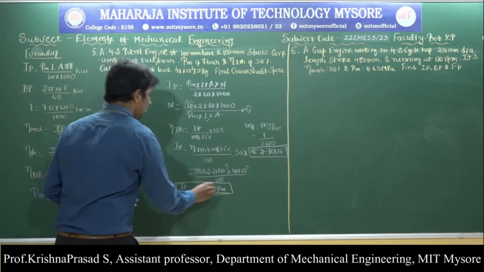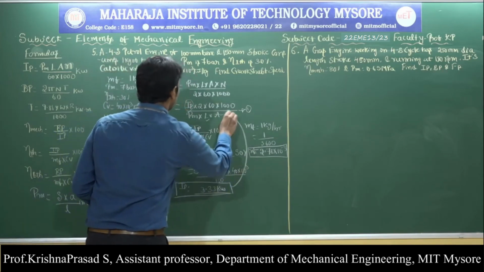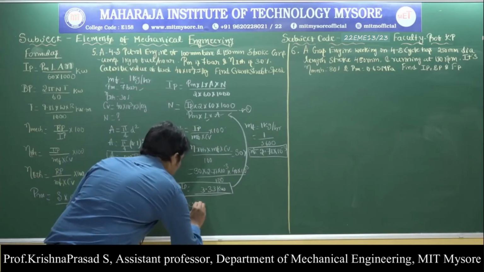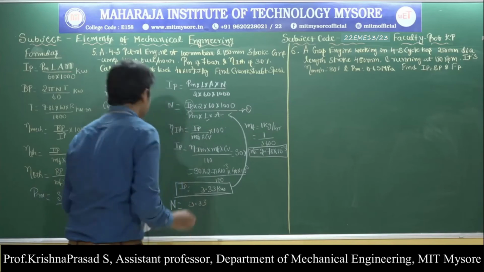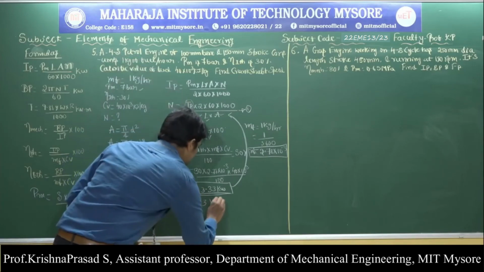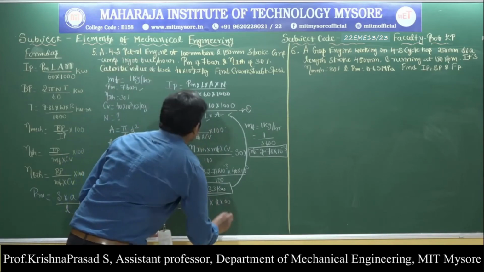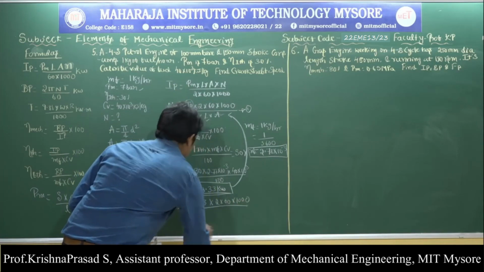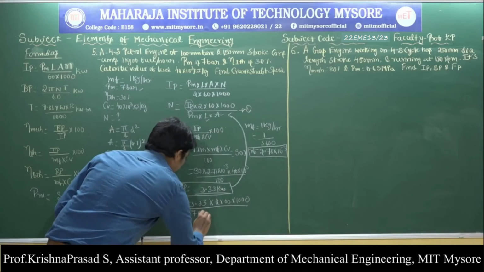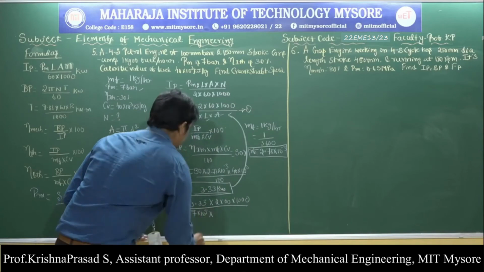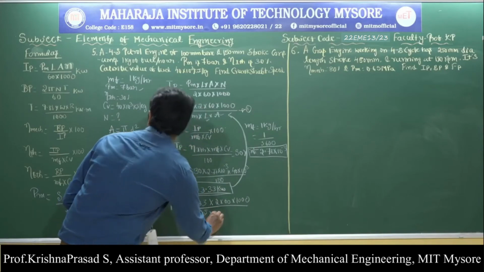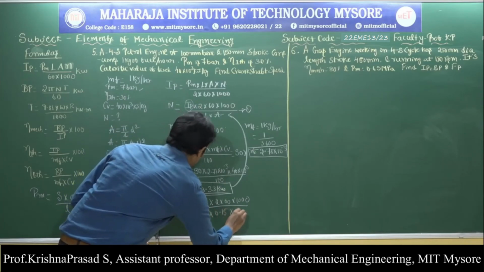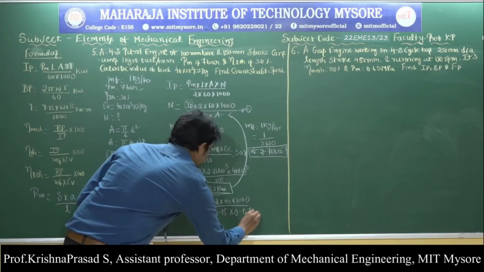So substitute the value of IP in equation number 1, that is N is equal to 3.33 into 2 into 60 into 1000 divided by PM, which is 7 into 10 to the power of 5, into L, that is 0.15, and area, which is 0.078.